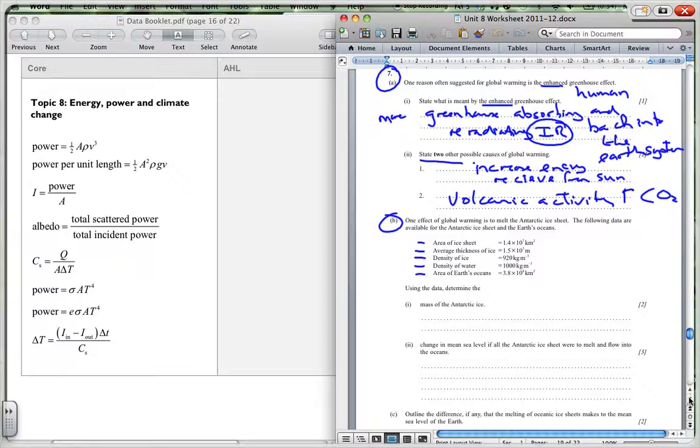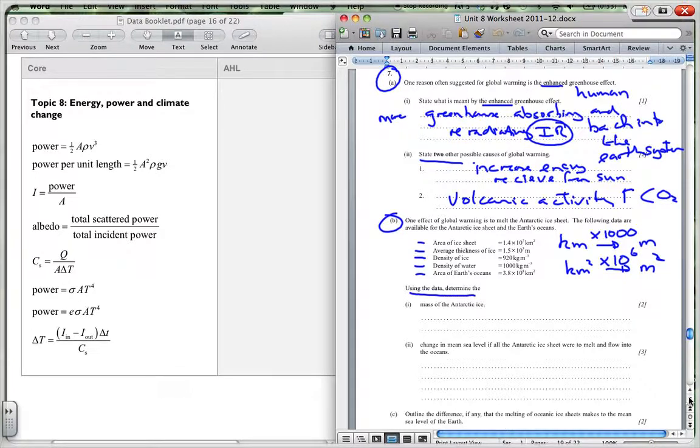So you're going to need to do some conversions from kilometers into meters. And we know when you do that, we have to times by 1,000. If I go from kilometers squared to meters squared, I've got to times by 1,000 times 1,000. So it's times by 10 to the 6 would be my conversion for that.